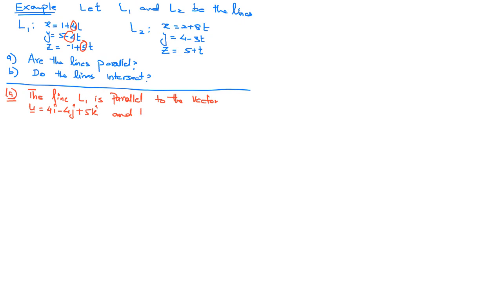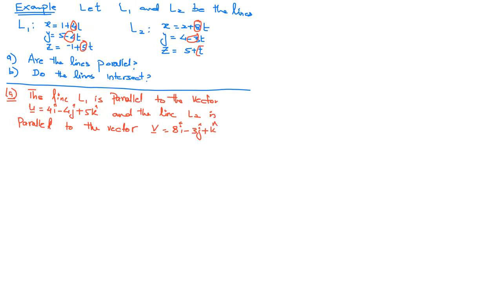Similarly, the line L2 is parallel to the vector v, which is equal to 8i minus 3j, and this is only t, so you will write here plus k.